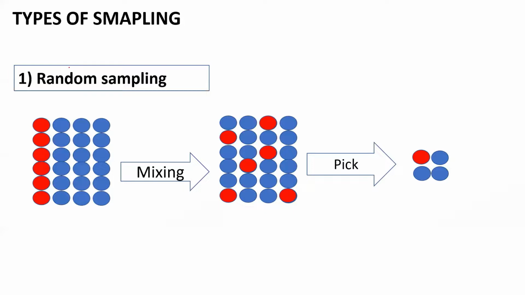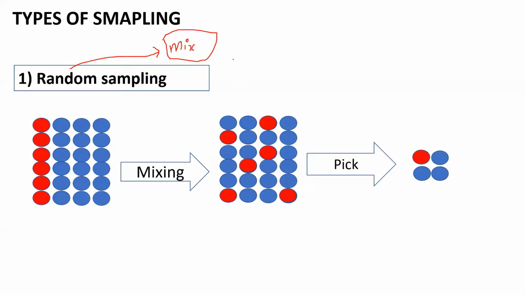We've touched on this one, random. You just mix. When you mix the population, you've made sure that the population becomes homogeneous.